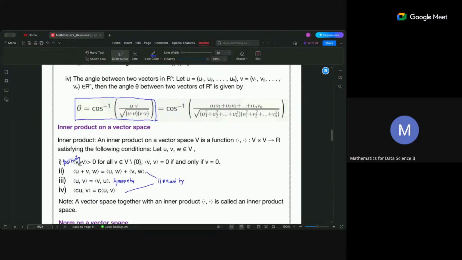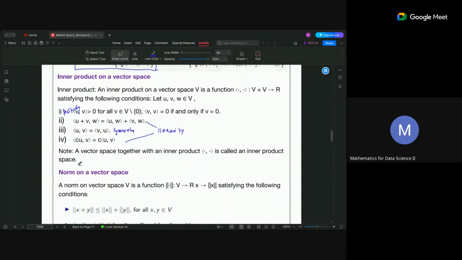Okay, fine. So we see linearity only in the first variable. What about linearity in the second variable? Do we have linearity in the second variable as well? Yes, ma'am. You can expand the inner product, then you can see the linearity inside it. Using symmetry and linearity in the first variable, you can see the linearity in the second variable as well.